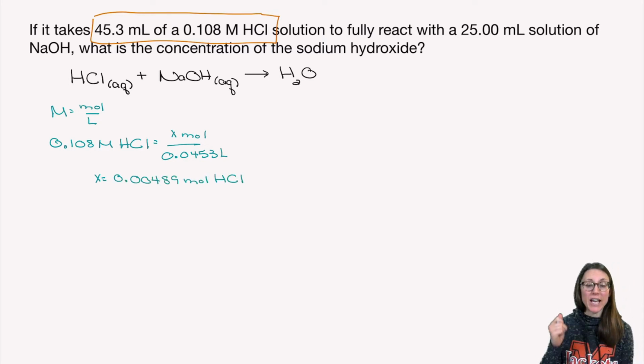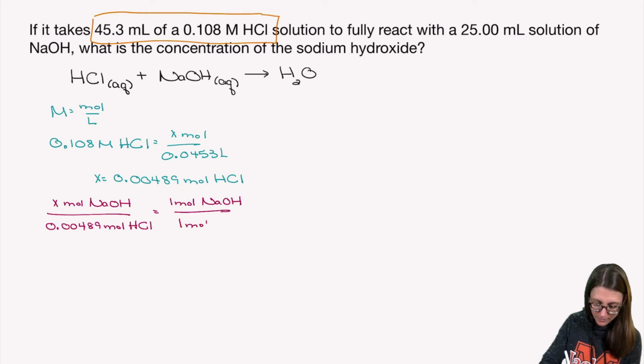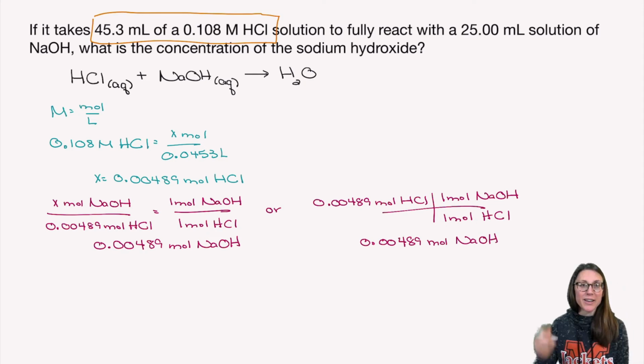Once I have my moles of HCl, I'm going to use the coefficients to convert to moles of NaOH. It's a 1-to-1 ratio, so the moles turn out to be the same.